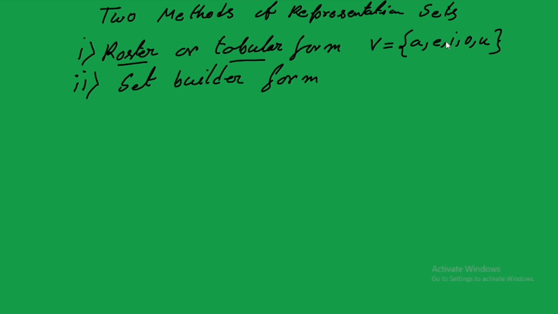In this condition, we have to represent this in set builder form as well, similar to the roster form. So if in roster form V is equal to, in curly braces, A, E, I, O and U, this AEIOU we have to convert into set builder form.